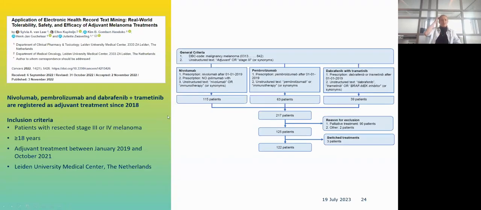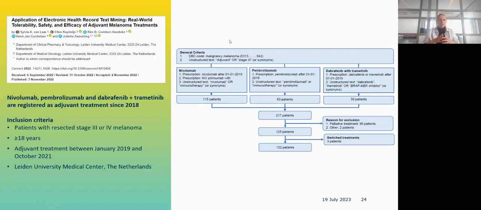And in this graph, I've explained a bit more how we actually do that. So for all treatments, we have the administrative code, in this case for melanoma. Some of you might know this, but it's linked to the ICD-10 codes. But only melanoma is not specific enough if you only want the adjuvant treatment group.